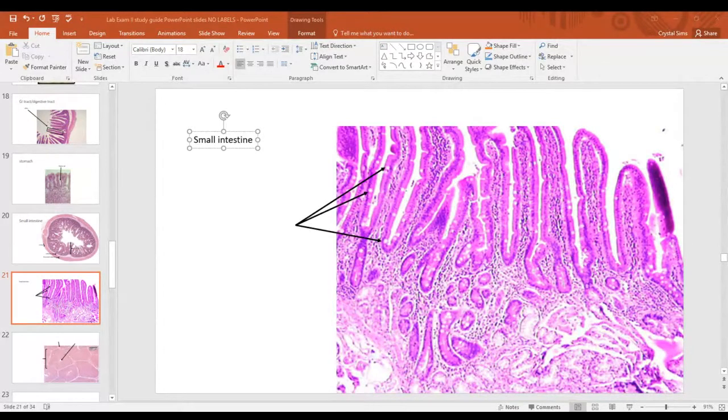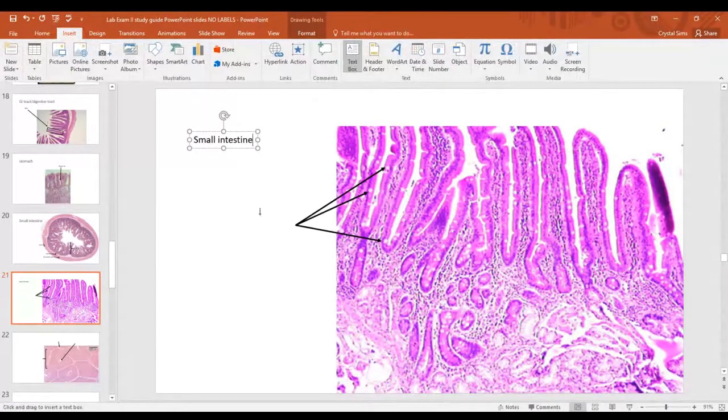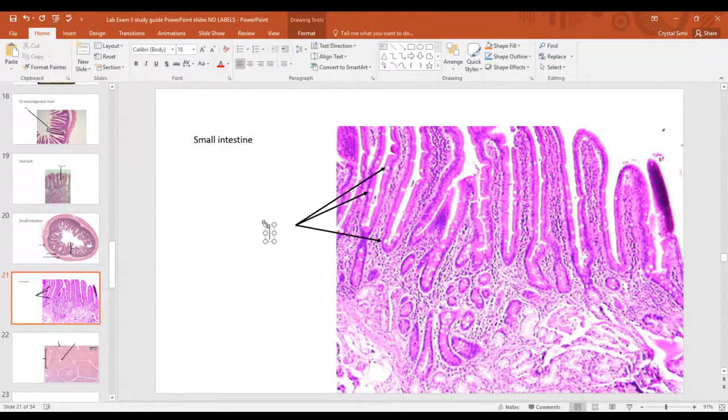Okay, and then this right here. I've messed with the picture now. This lighter colored here would be the submucosa. And then I've got all of this inner stuff where I find my villi, and that is going to be my mucosa.